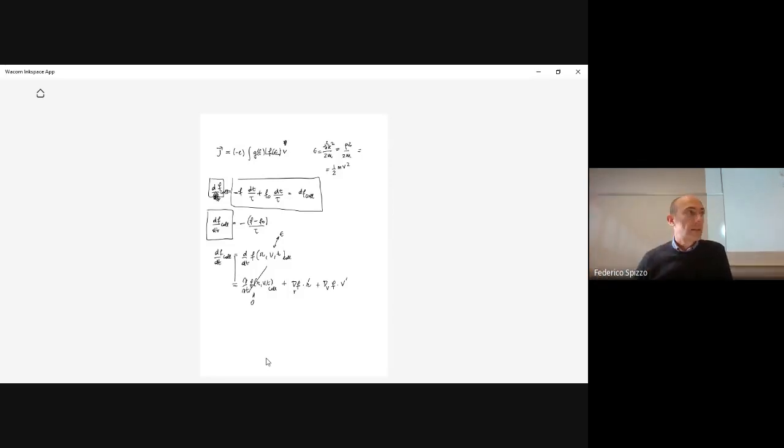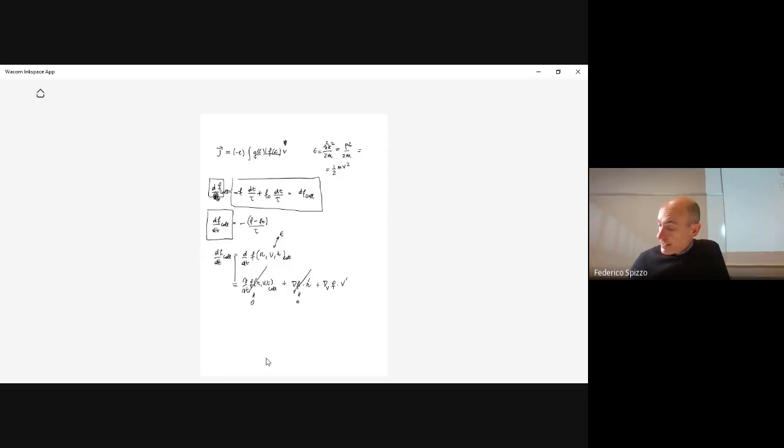So I do not expect an explicit dependence on t. I do not also expect an explicit dependence on the position. Since the system is isotropic, the electric field will be uniform over the sample. So I do not expect that there are quantities that may change from point to point or whose position may depend on time. So also the second term is expected to be equal to 0.